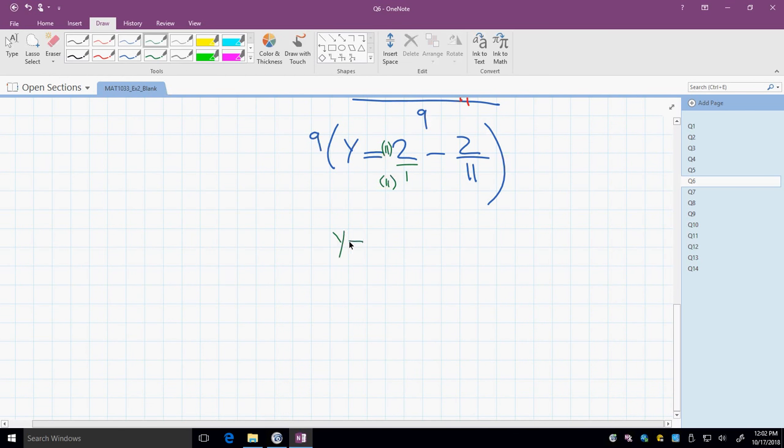So we have y equals 22 over, no, sorry, 44 over 22. I was going ahead, thinking about the denominator. So 44 over 11 minus 2 over 11. Now we can subtract those two. We got 42 over 11.